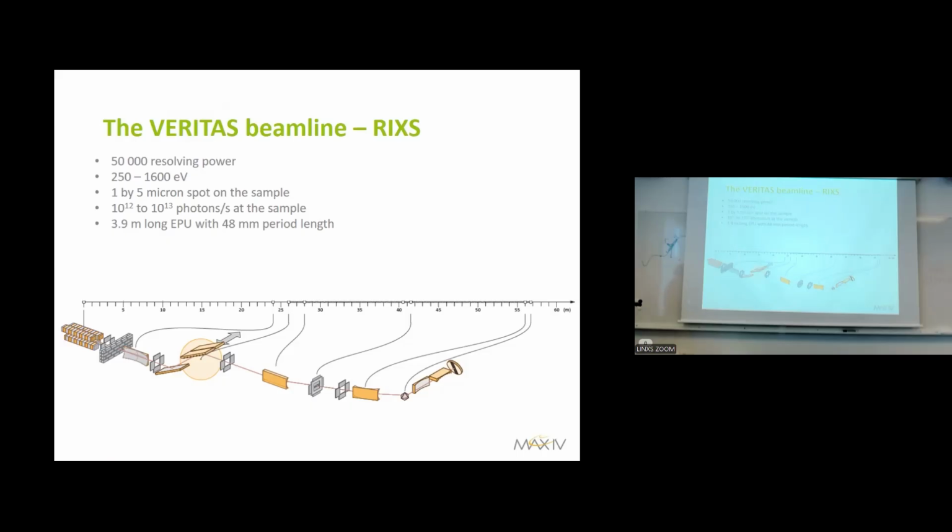And we have an elliptically polarizing undulator, which is almost 4 meters long with a 48 millimeter period. That's for those of you who want to go into spectra and simulate things. That gives us full polarization control from 350 eV and up, which means we can have polarization horizontal, vertical, circular, both ways, and even elliptical, and start playing with things like that.